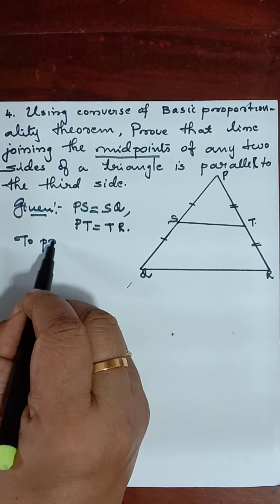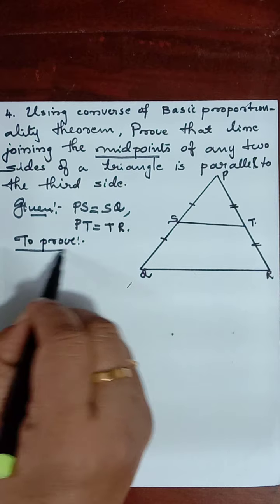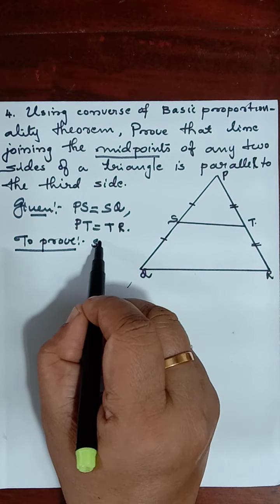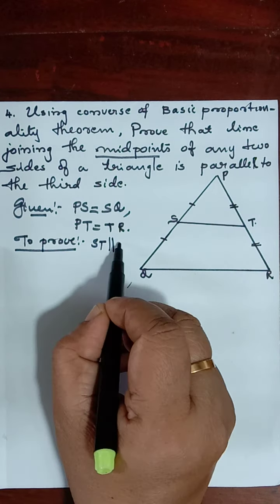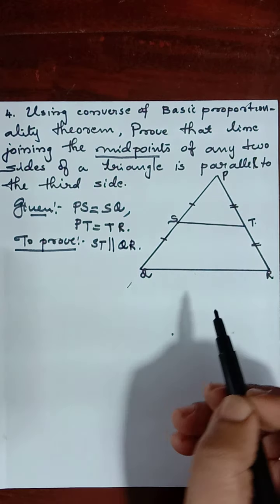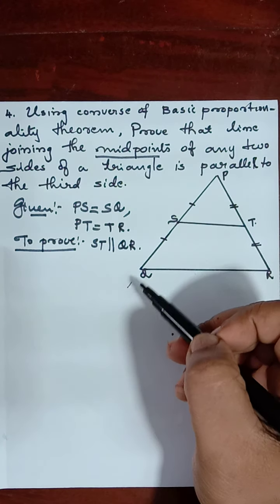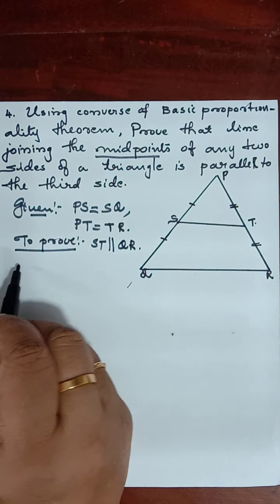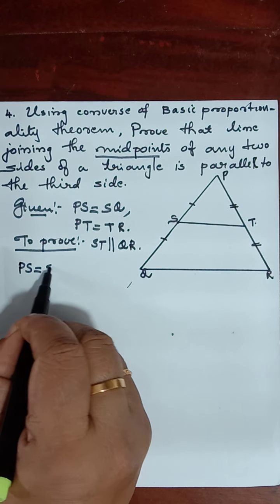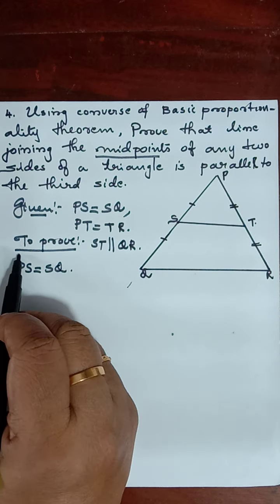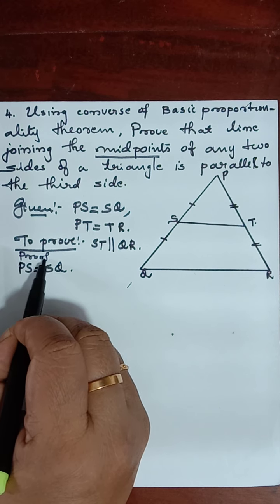To prove ST parallel to QR. So by using converse of basic proportionality theorem. From given we can start now. That is PS is equal to SQ we know. Now comes proof. Okay. So this is the proof.